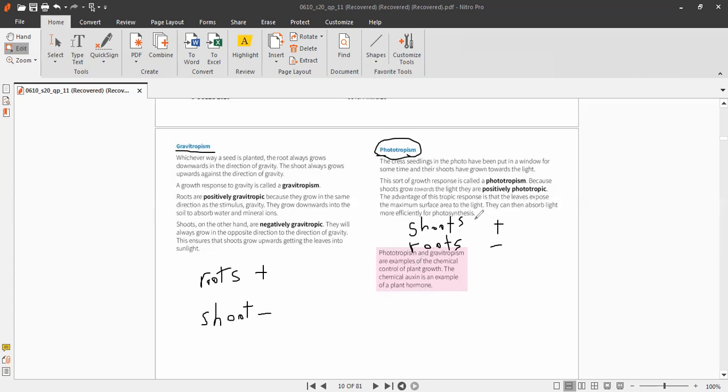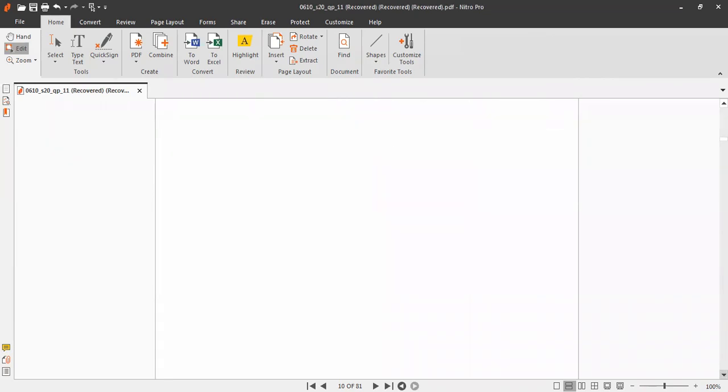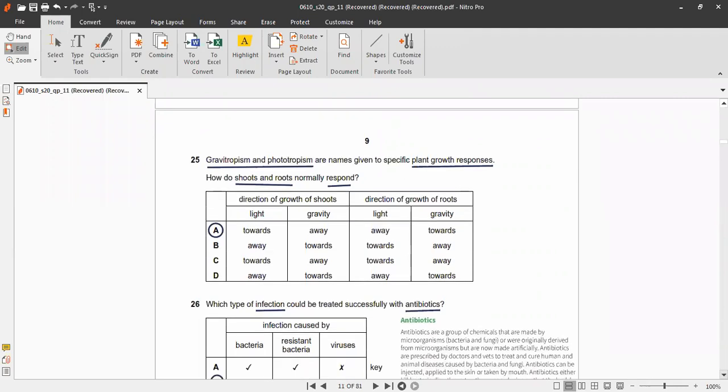So focus here. For phototropism, towards the light, the shoots positive. For gravitropism, towards gravity, roots positive. Let's go back to the question.